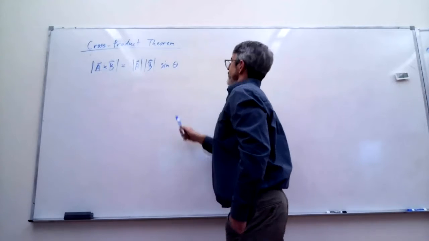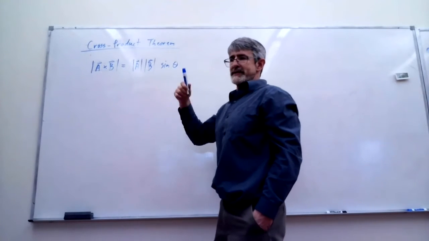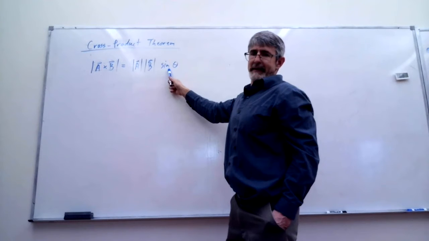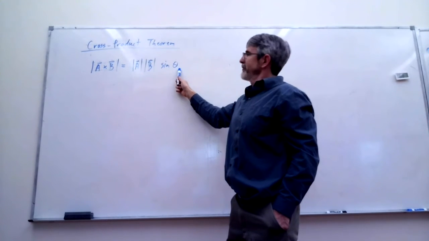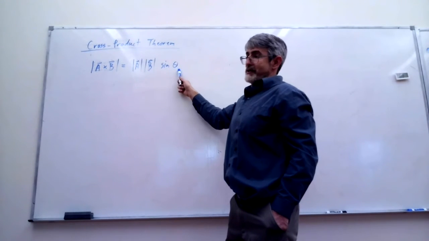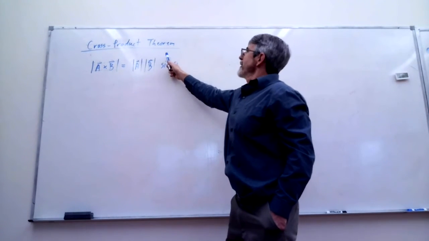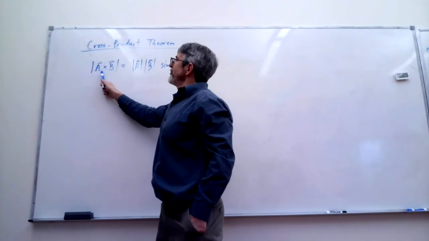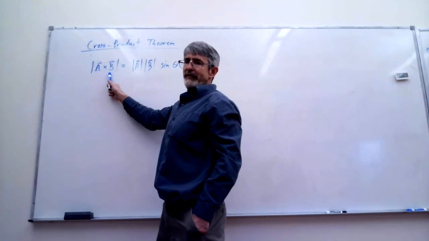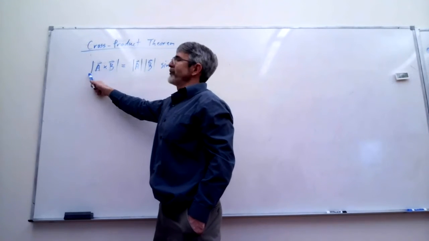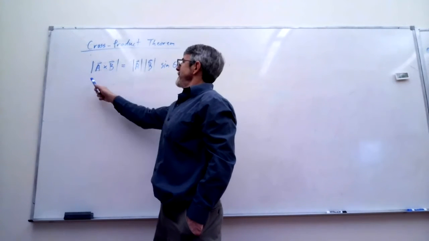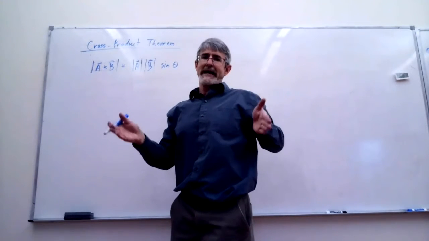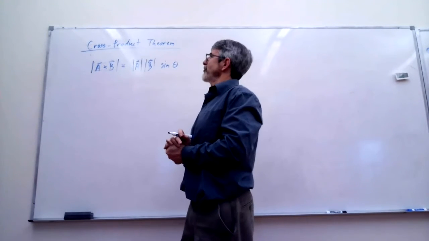Here are the differences. We want this to be maximized when things are perpendicular. So the sine is maximized at 90 degrees. The cosine is maximized when things are parallel. So the cross product theorem has a sine in favor. Another difference is because A cross B is a vector, we need to make it into a number by taking the absolute value sign. Putting the absolute value sign around that is the magnitude of the vector A cross B.